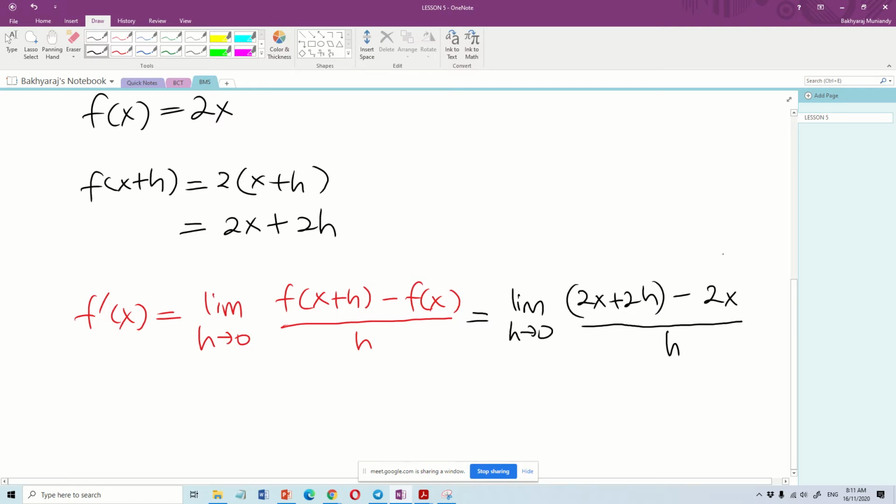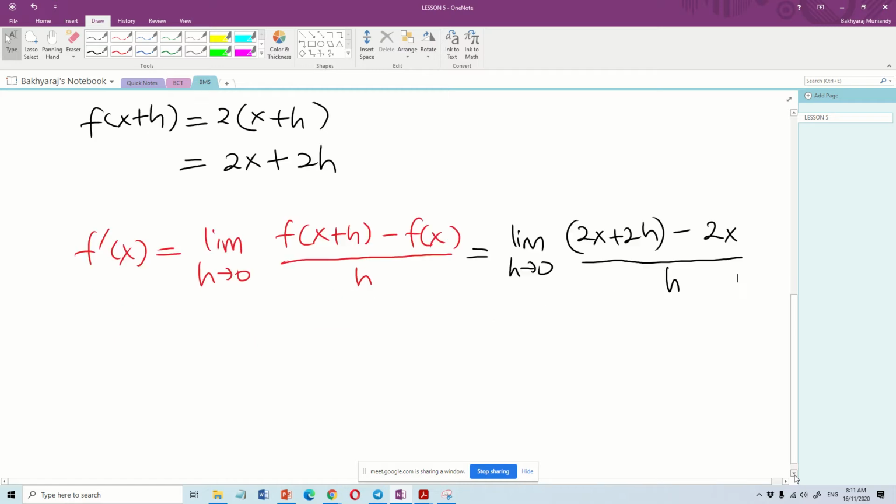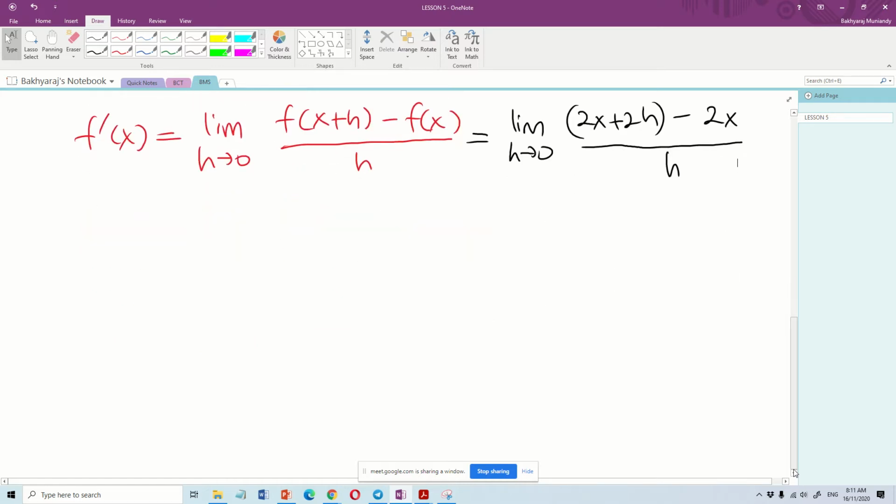Okay, what will be next step? Apa saya buat untuk next step ni? Next step will be equals to apa jadi? Okay, betul. So limit h approaches 0, 2x plus 2h minus 2x divided by h. So maksudnya kita boleh potong x ni. Ni x ni boleh cancel.